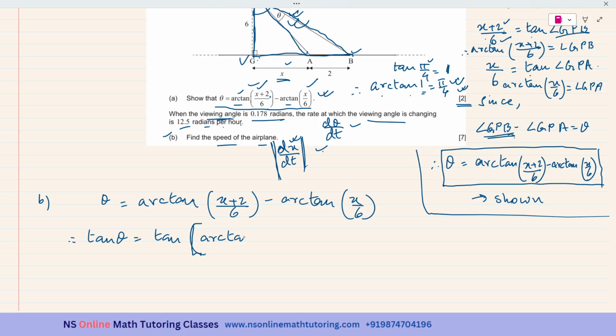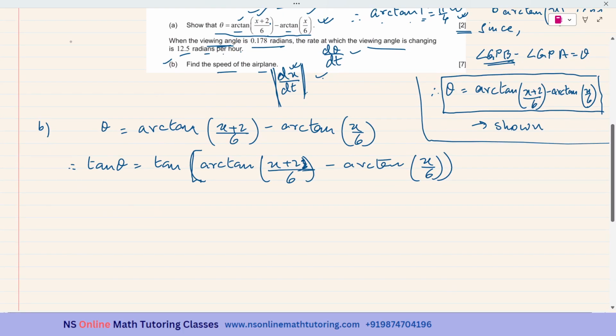arctan of x plus 2 over 6 minus arctan of x over 6. And now we will be using the tan A minus B formula.